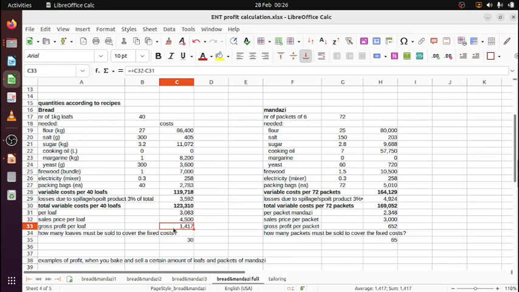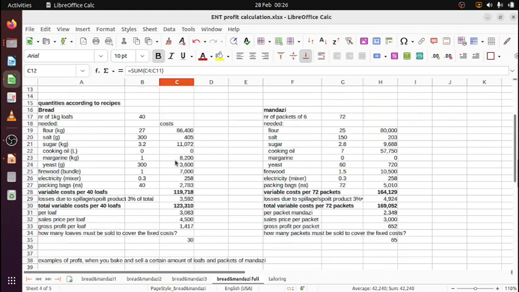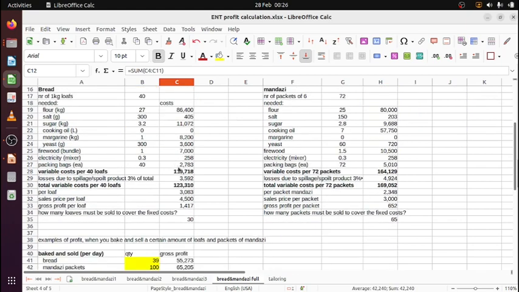But of course I have to cover per day this 42,240 shillings in order to sustain.